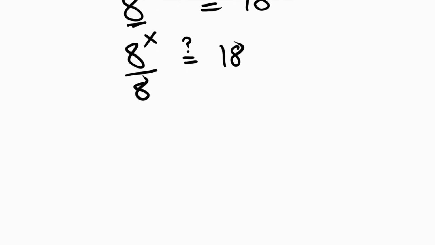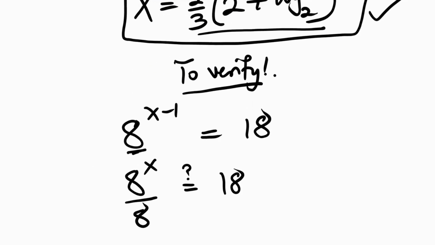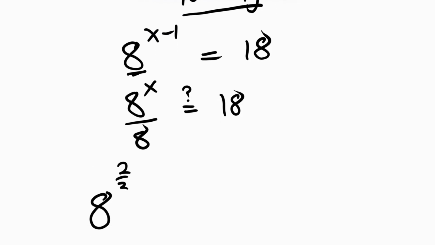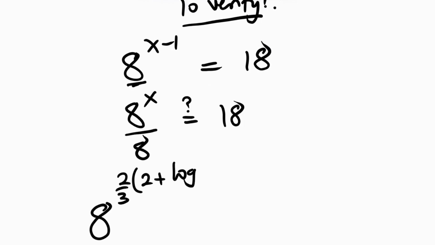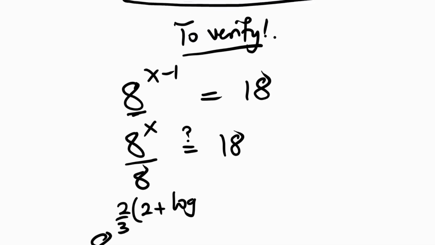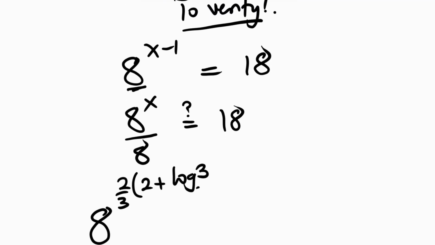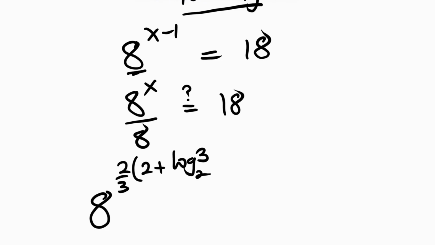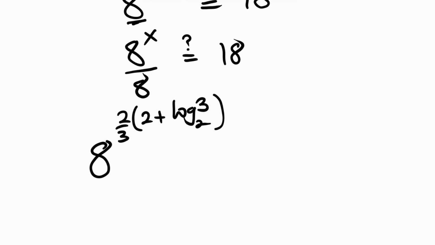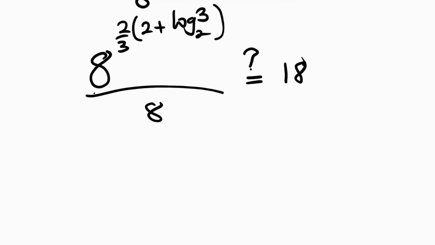Now our x is 2 over 3 times 2 plus log of 3 base 2, divided by 8, and let's see if it's going to be equal to 18 at the end of the day.